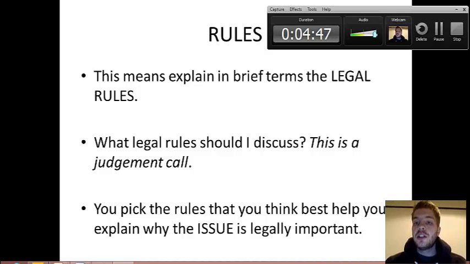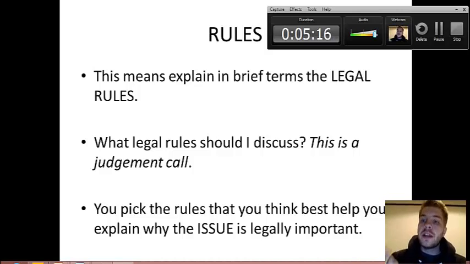After you've identified the issue in your problem question, you move on to explain, in brief terms, the legal rules surrounding that issue. The reason that you do this is that it punctuates to the reader that you understand why this issue is legally relevant. Moreover, the next stage of the test is to take those cases, take those statutes, take those things, and apply them.